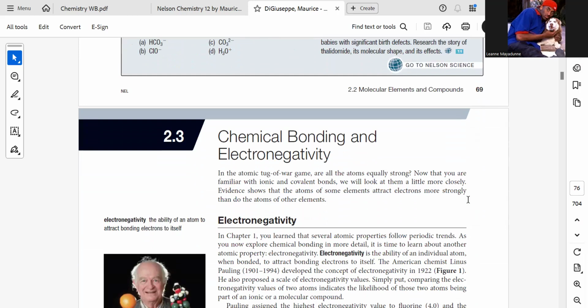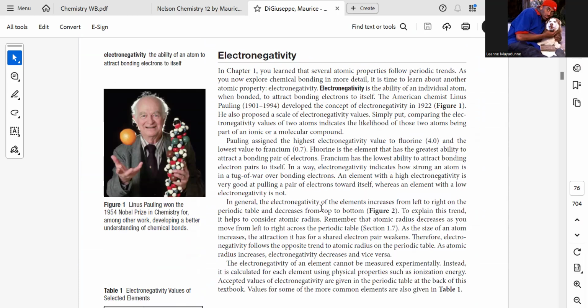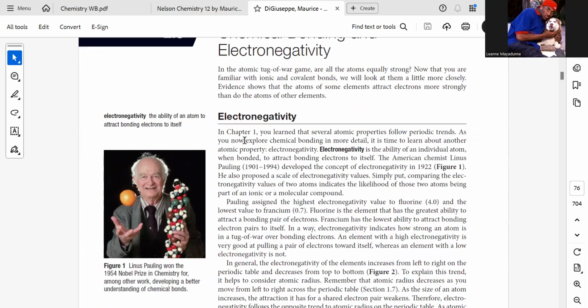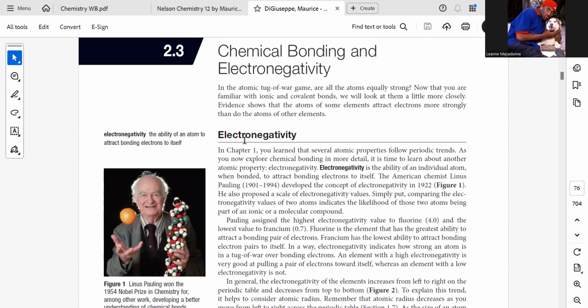Now the next concept is chemical bonding and electronegativity. I want you to write this down: electronegativity is the ability of an atom to attract bonding electrons to itself. Let me draw the structure of water.